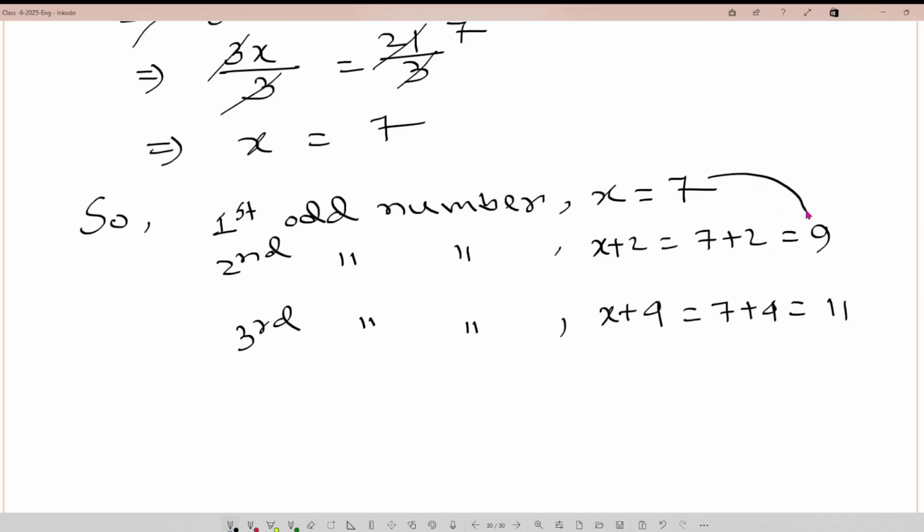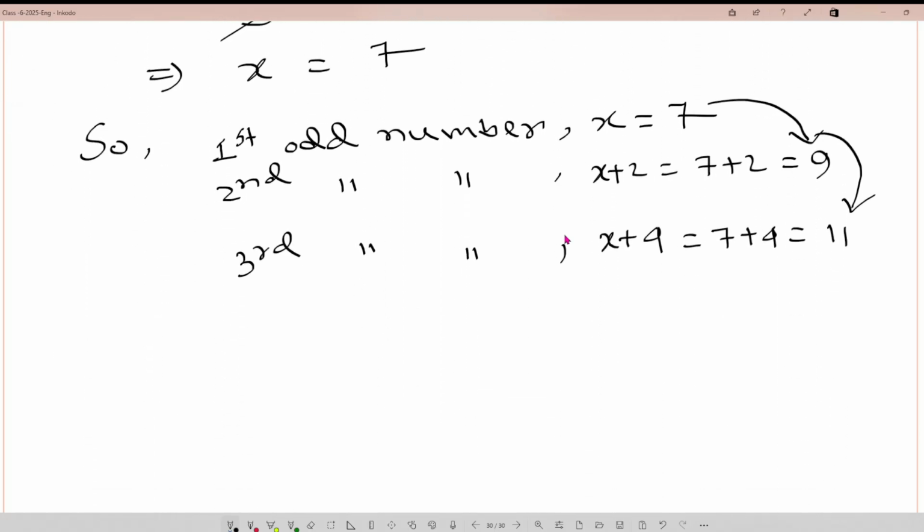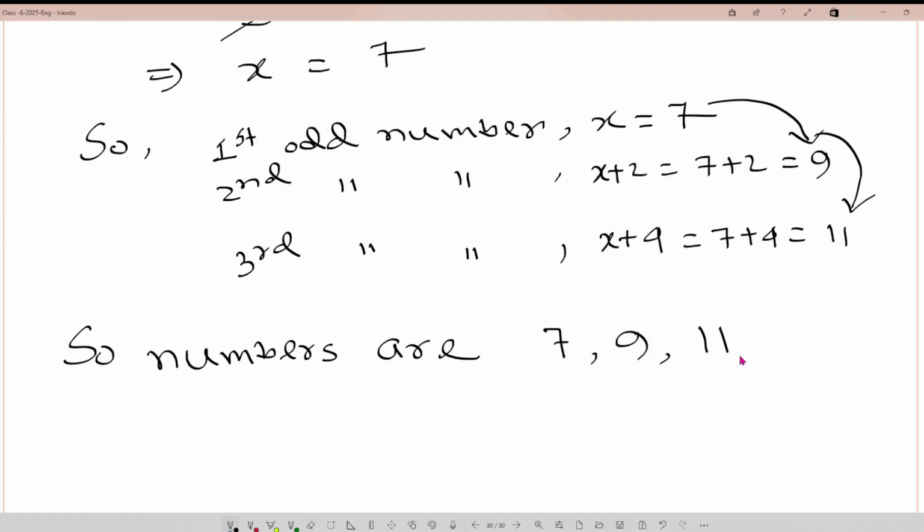Now look, 7, then 9, then 11, these are consecutive numbers. So the numbers are 7, 9 and 11. And a more interesting thing: 11 plus 9 is 20, 20 plus 7 is 27.